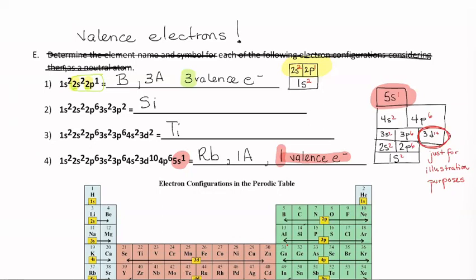Sometimes transition elements like to give 1 electron, sometimes give 2 electrons, and we're going to see in chapter 6 how they have the ability to give what they want when they want.